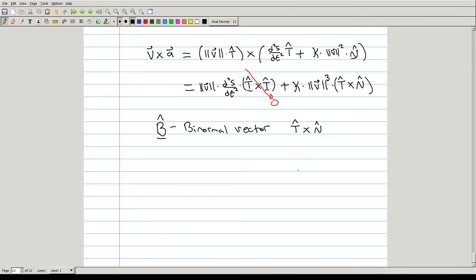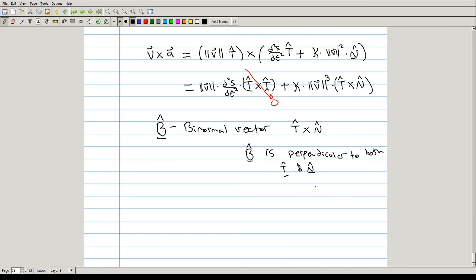And it's possible to prove directly that b hat is perpendicular to both t hat and n hat, judging from the fact that it's a cross product of t hat with n hat.